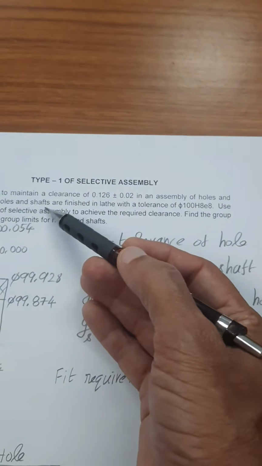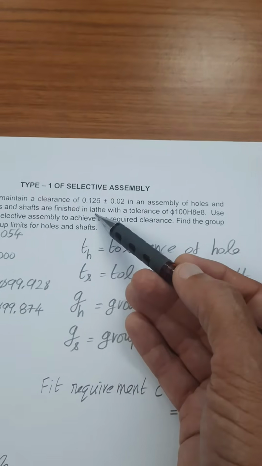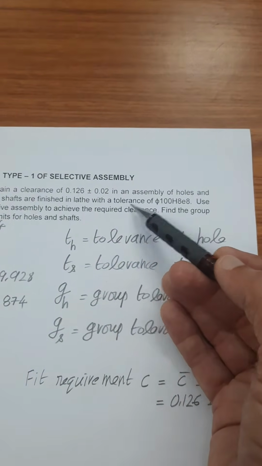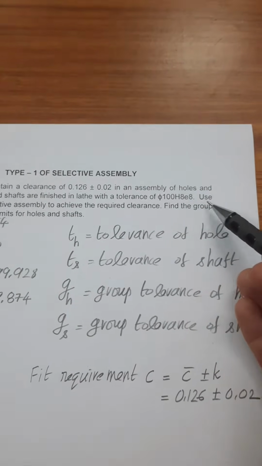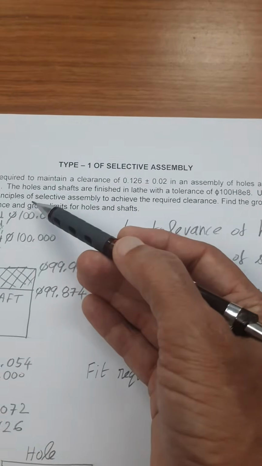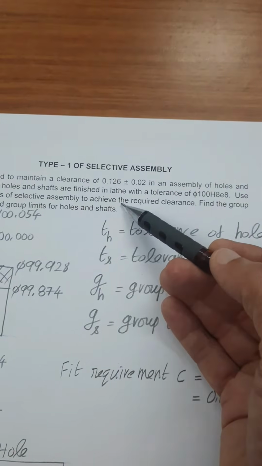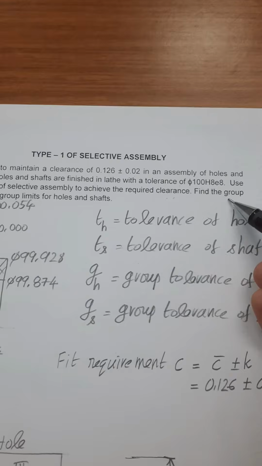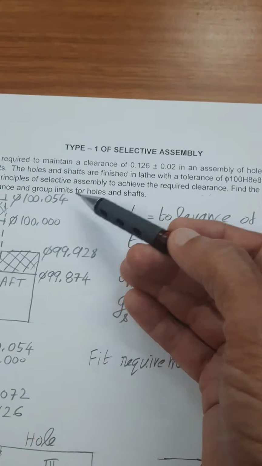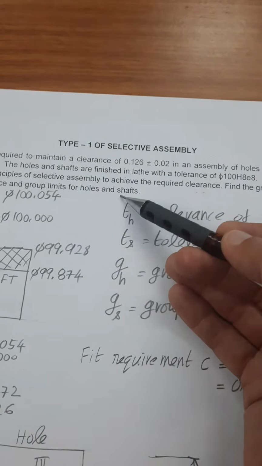The holes and shafts are finished in a lathe with a tolerance of dia 100 H8 E8. Use the principles of selective assembly to achieve the required clearance. Find the group tolerance and group limits for holes and shafts.